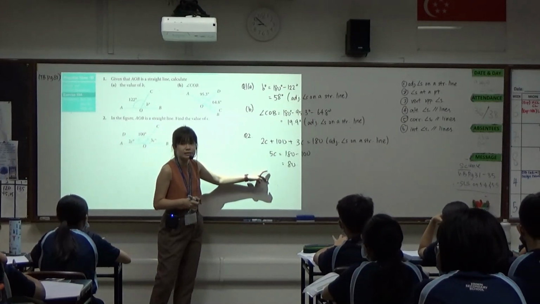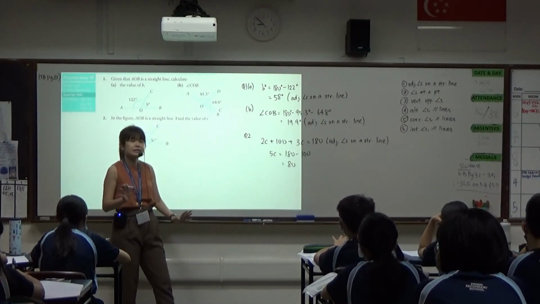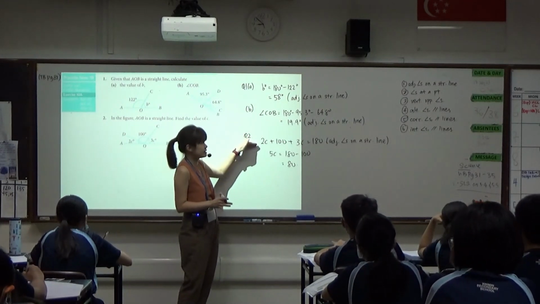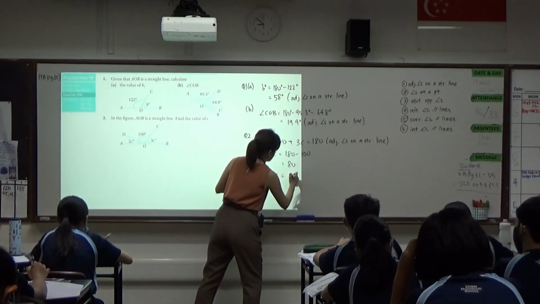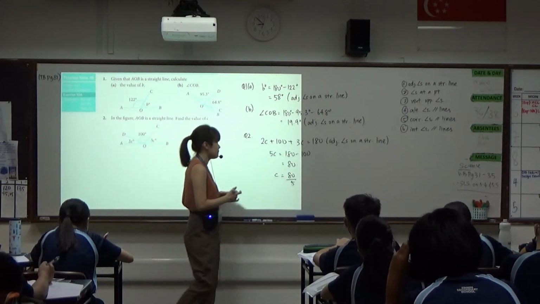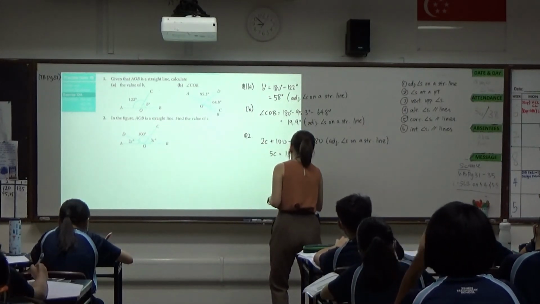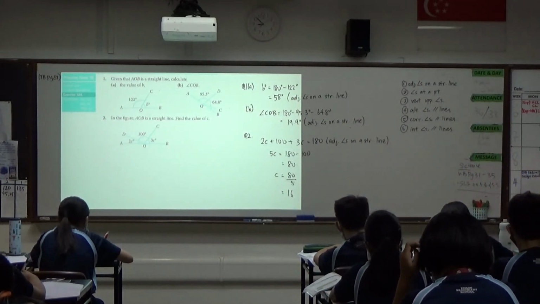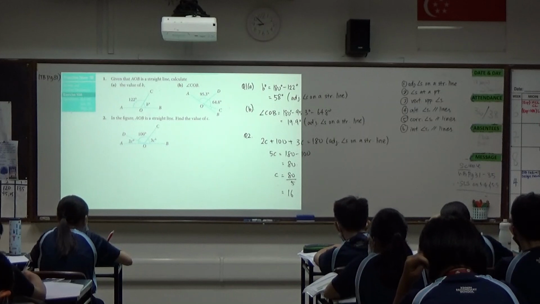So the subsequent steps, I need not put in my reasons anymore, because I have already applied it at the start. And then I find that C equals 80 divided by 5, and that gives us 60. So C itself is equal to 60.